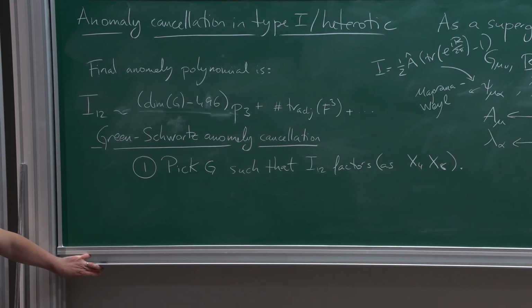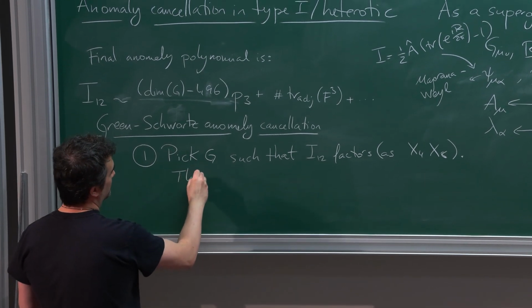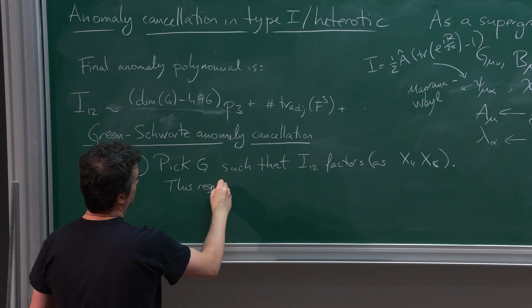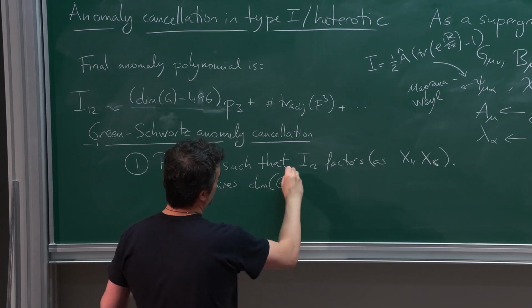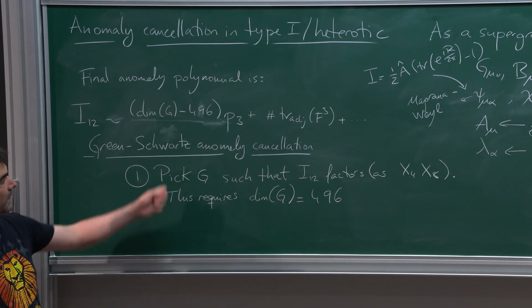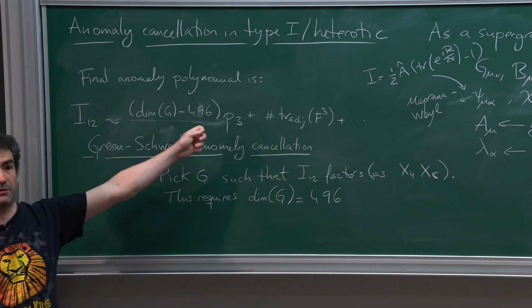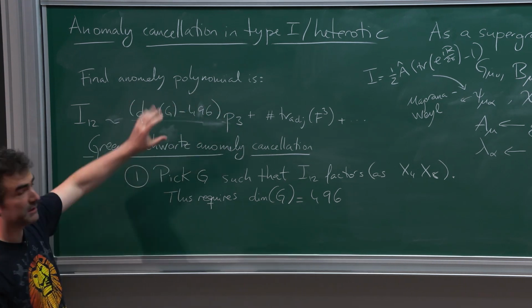So can we do this? Well, according to what I wrote there, this requires that the dimension of my group is 496. This term definitely does not factor. P3 does not factor into pieces. So if I want to cancel this, the only thing I can do is kill this prefactor.